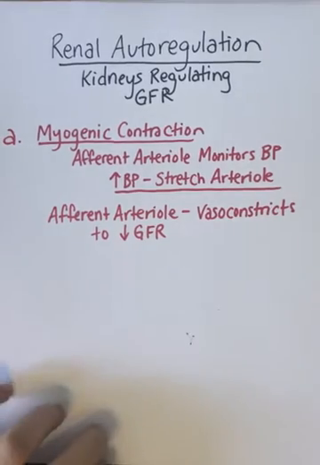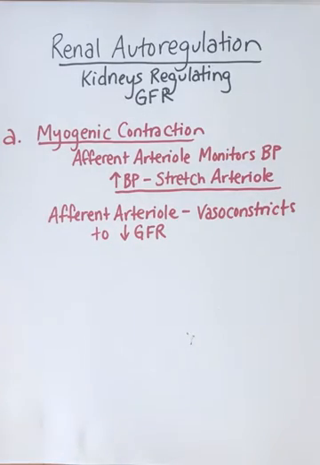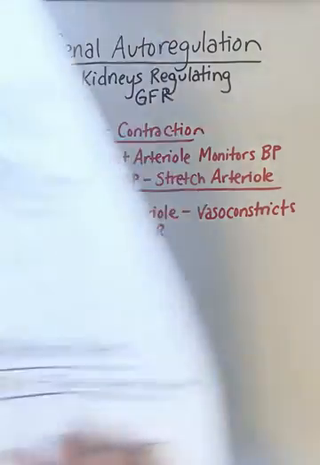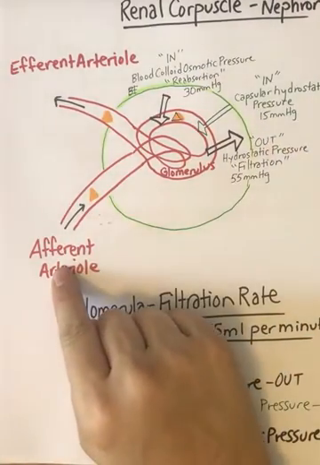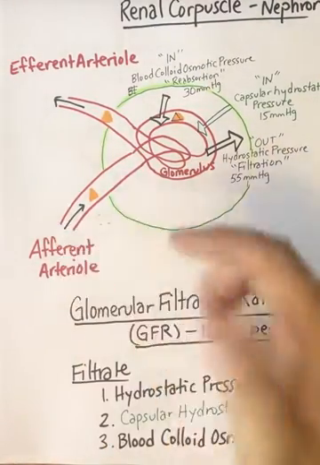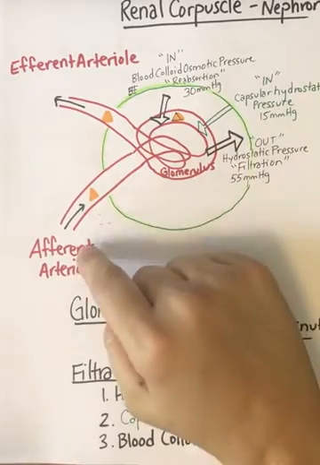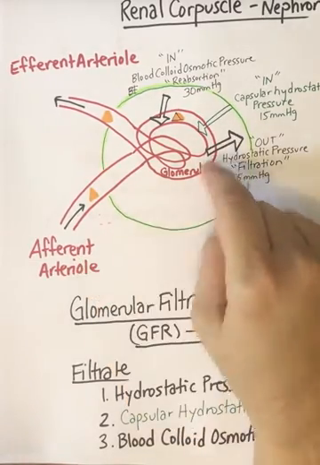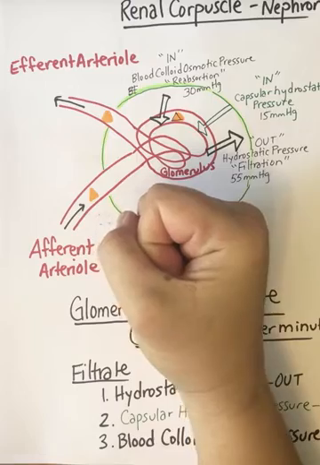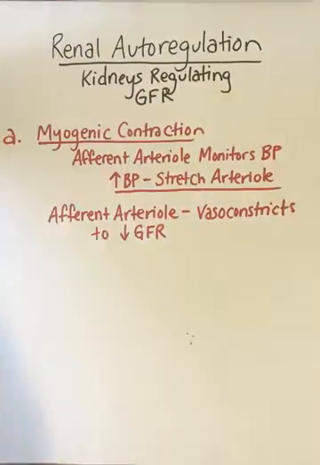We always said myogenic contraction is going to be monitoring your blood pressure. If your afferent arteriole stretches out, then we would have increased GFR, but it doesn't like too much. So it'll vasoconstrict so that we can lower our GFR. The next one is called the tubular glomerular feedback.